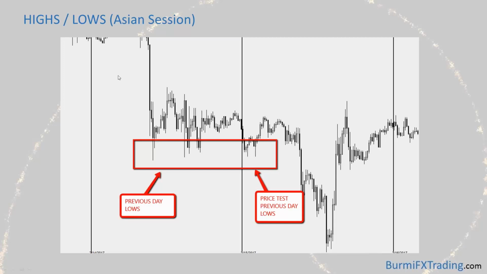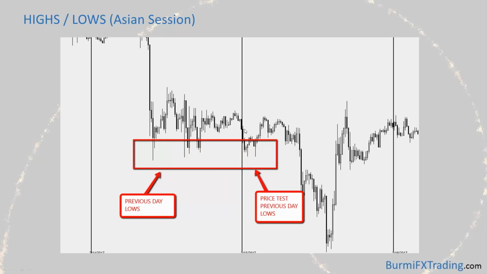You can take a snapshot of that and write down some notes. What happened, what the price spike was going into the previous day high and low, what price response did you see.